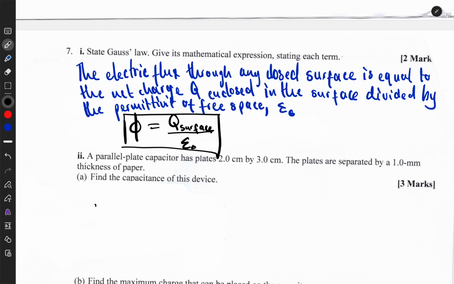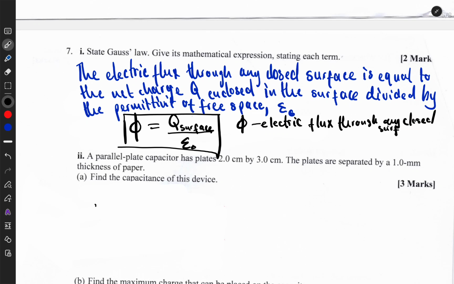So here, when we put it like this, this is going to be the electric flux through any closed surface.